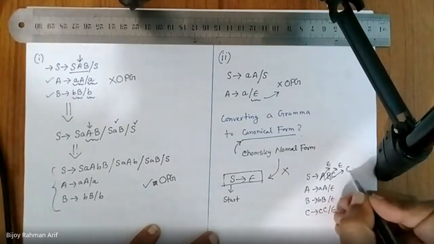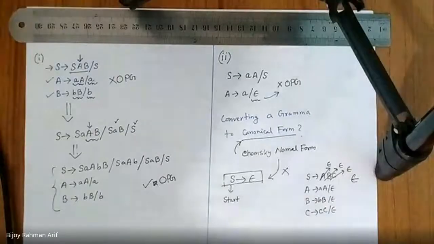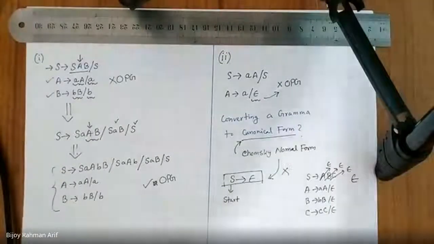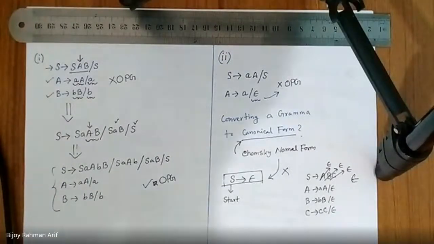Then it becomes a big epsilon. In that case, if the start symbol directly derives to epsilon, you cannot eliminate that epsilon because it is a part of the start symbol. Otherwise, all the other epsilon moves you can eliminate using Chomsky normal form. Then that grammar would become canonical form.